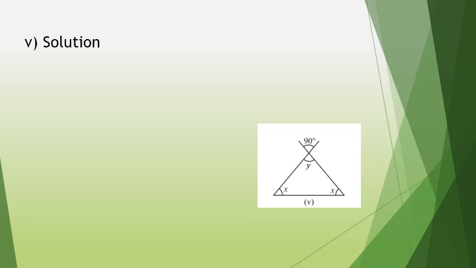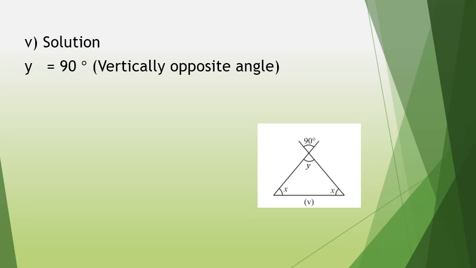Our next question, look at the figure. We can write y equal to 90 degree, vertically opposite angle. Other two angles of the triangle are same and it is given x.